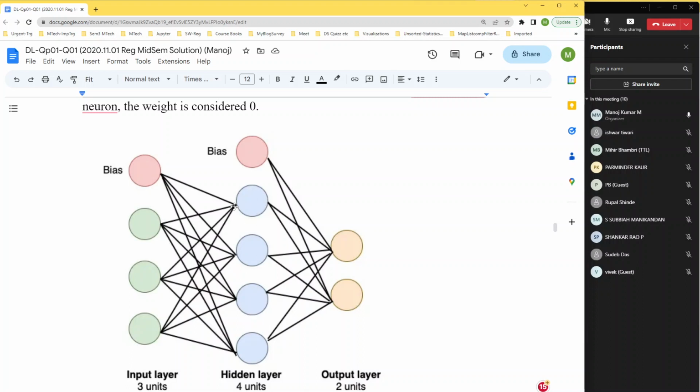The 3 inputs are connected to all the neurons, so the weights will be W1, W2, W3, W4, and similarly W5, W6. Each line has a separate weight, and each neuron will have one bias value.